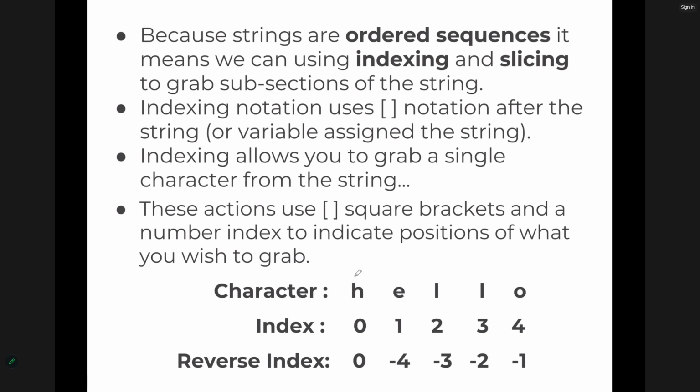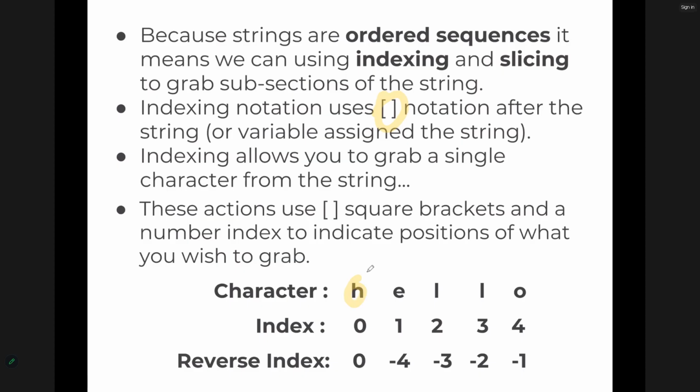Indexing uses square bracket notation, and it can be a single character, or you can choose a set of characters or a portion of the string that you prefer. So that is the overall idea of indexing and slicing.